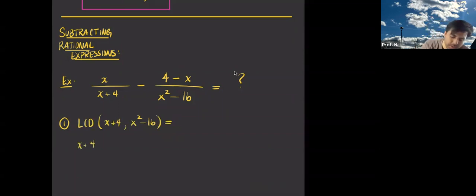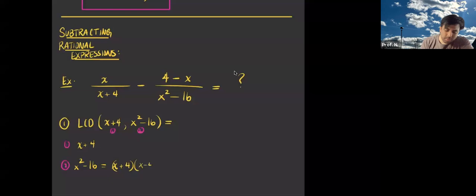X plus 4, that's the first denominator, and you can't really do much to that. But the second denominator, x squared minus 16, isn't this x plus 4, x minus 4 by the difference of perfect squares? And knowing this, now can't we think about what the LCD would be?